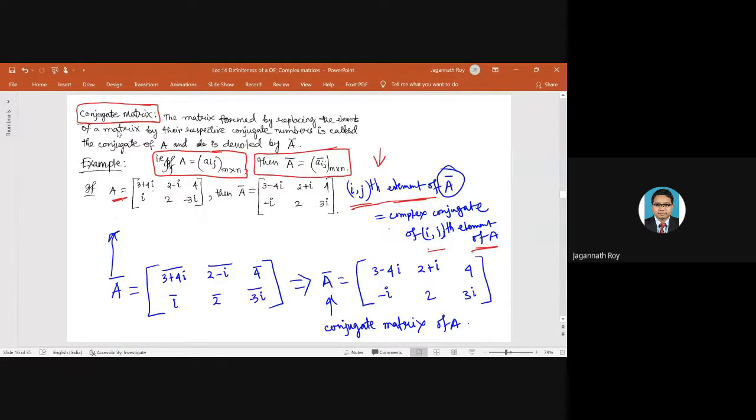There is nothing much to explain. These are just straightforward: take the conjugate of 3 plus 4i, and so on.